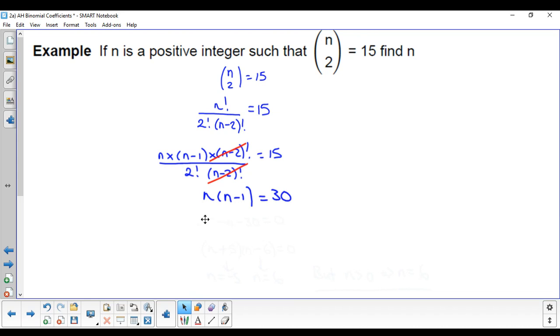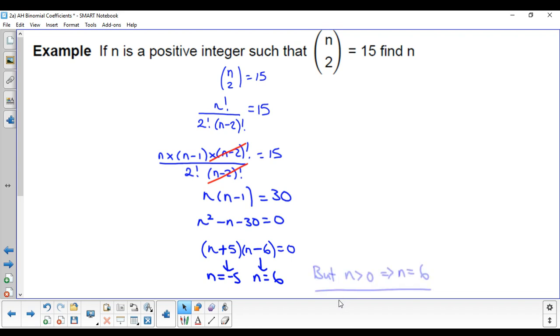Let's open it up to n squared minus n and bring the 30 over, always making sure it equals 0. Then factorise. Make sure the larger one's negative to get the minus n, but then remember it says positive integers, so that means that finally you know n has to be more than 0 and n equals 6.